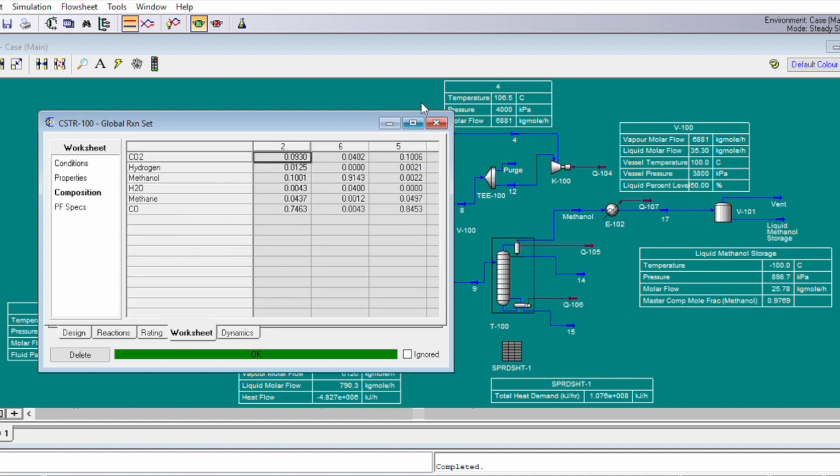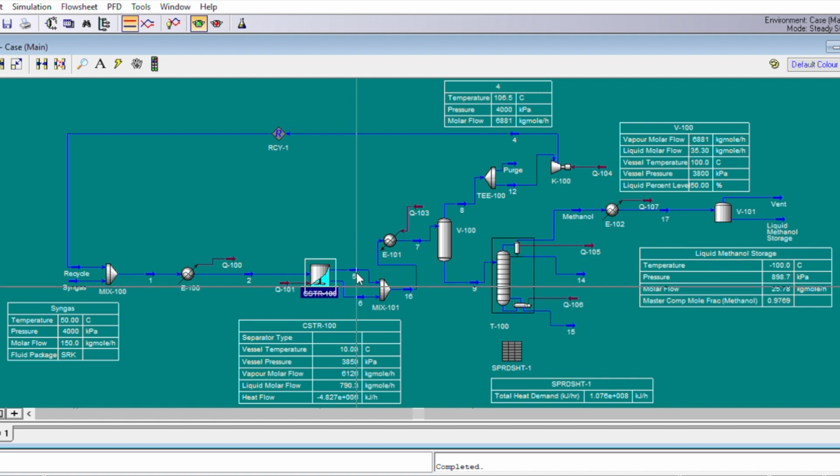Then the 2 outlets are combined into a mixer, and we put a heater to heat the temperature to 100 degrees Celsius before entering the separator. We use the separator because we have 2 phases, the vapor phase and the liquid phase. For the vapor phase, we add a tee to remove the purge.